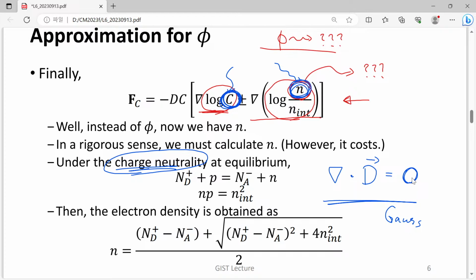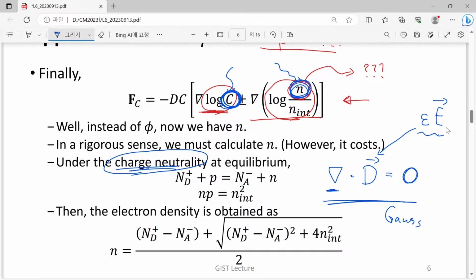Simply speaking, there will be no change of the divergence in our electric field. So this is a displacement vector. However, it can be well expressed in terms of the electric field. So the divergence of the electric field will vanish in the case of our charge neutrality condition.